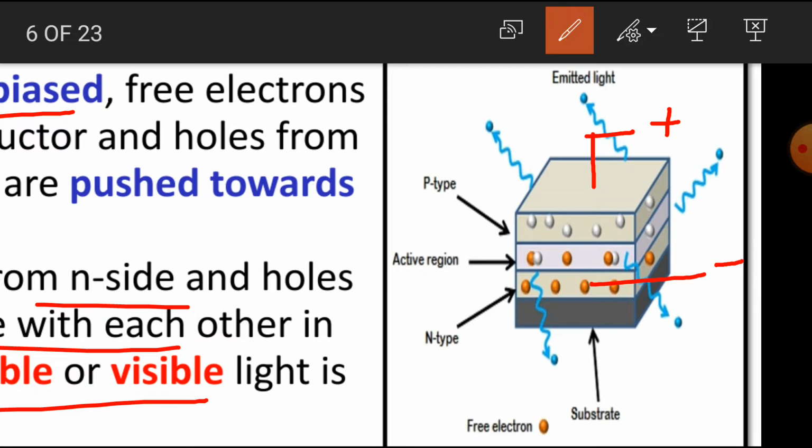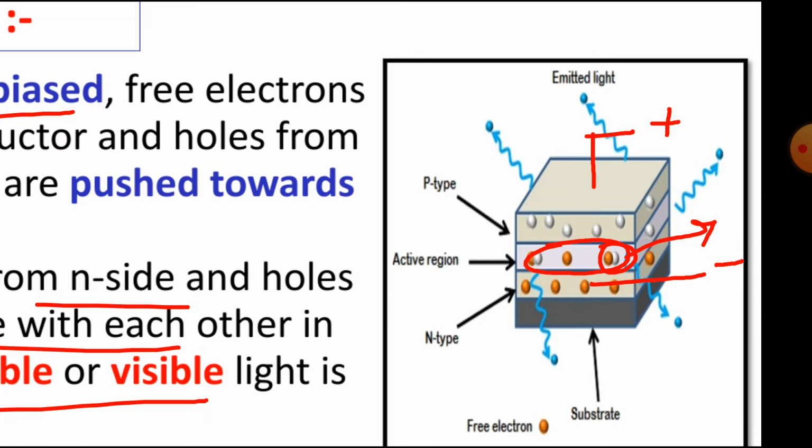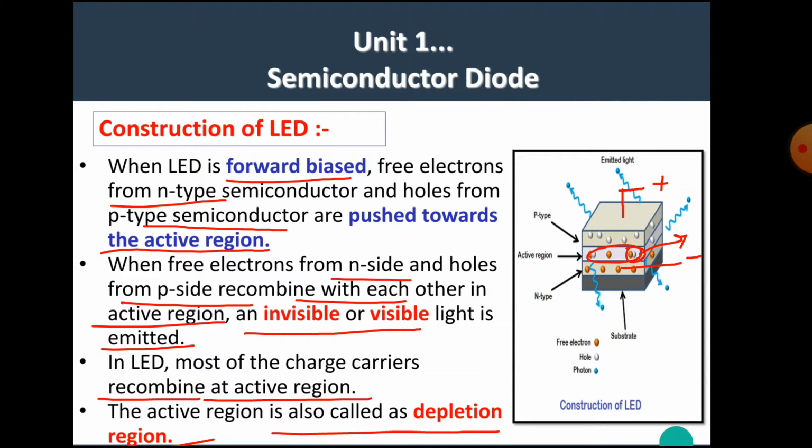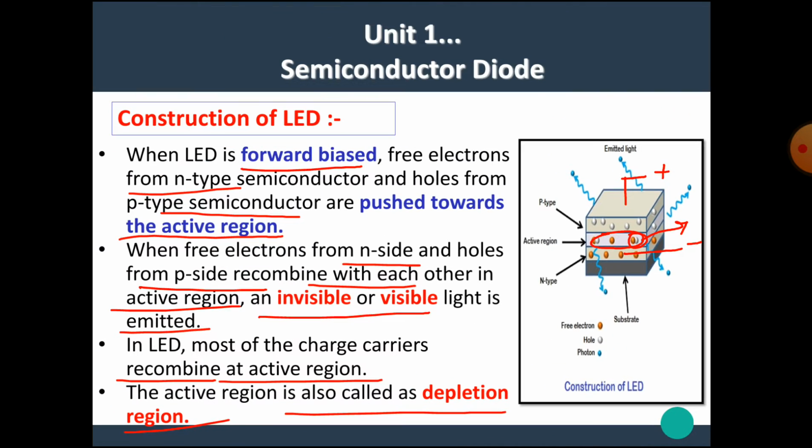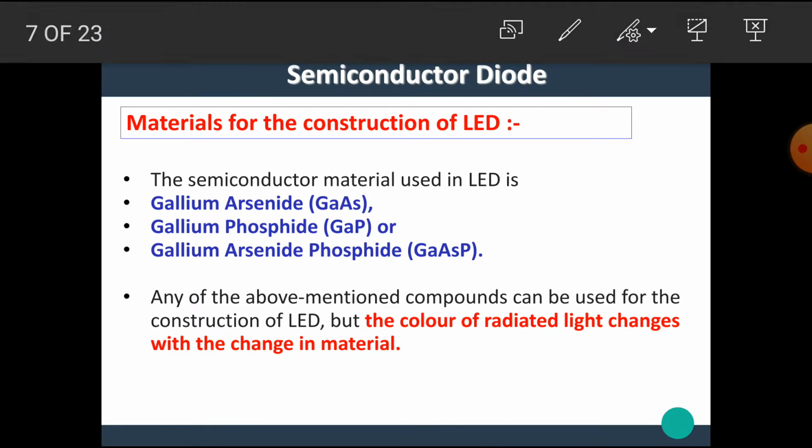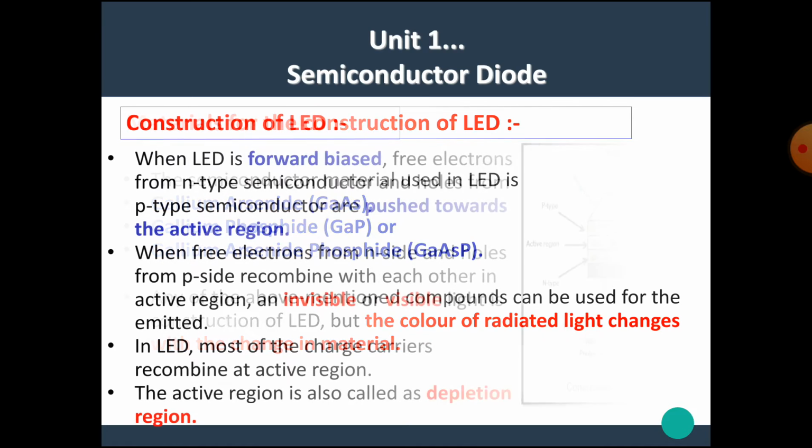The holes from the P-type material and the electrons from the N-type material come together at the active region. They recombine here in the active region, and during each recombination the light is emitted from the diode. Most of the recombination takes place in the active region. I hope you all understand the basic procedure of light emission.